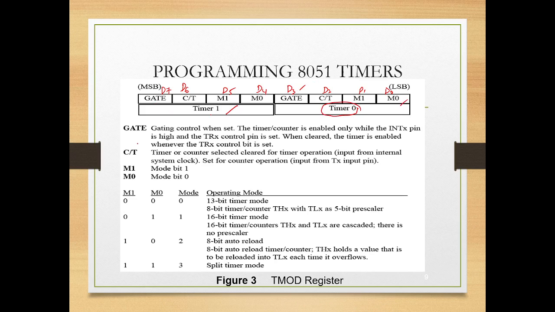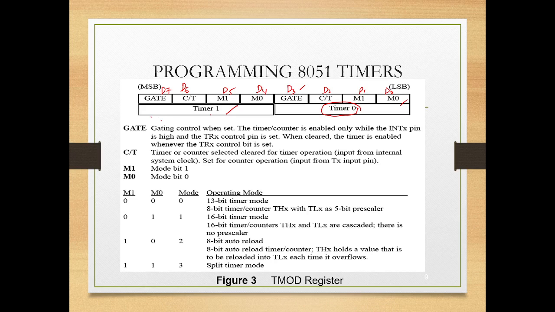The gate bit, that is D7 for timer 1 and D3 for timer 0, will be enabled whenever we have the INT0 or INT1 pin high and TR0 and TR1 high.